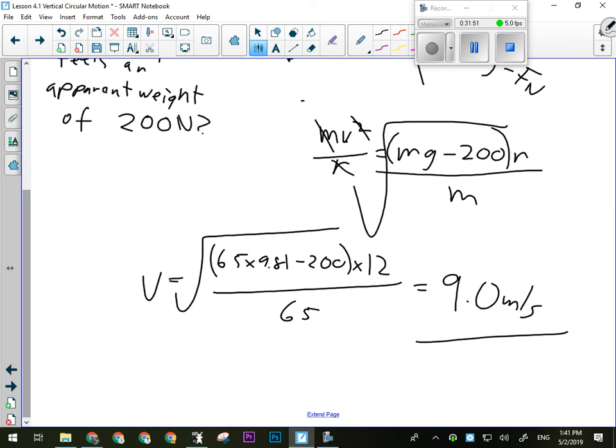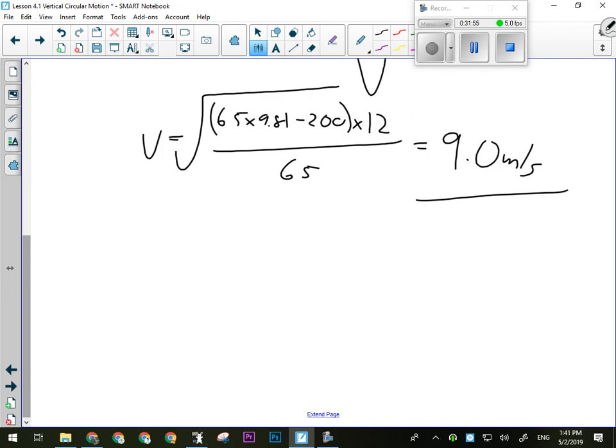All right. Something else that occasionally comes up in this unit is the mention of G-force. G-force is a ratio. It always is. G-force is the ratio between your apparent weight and your real weight.